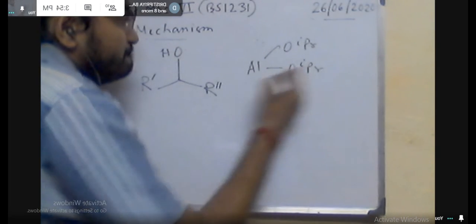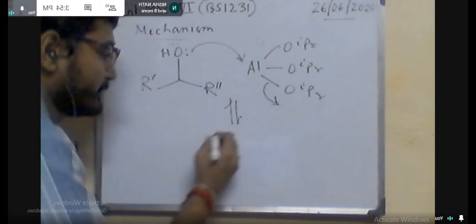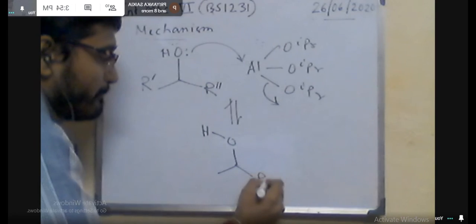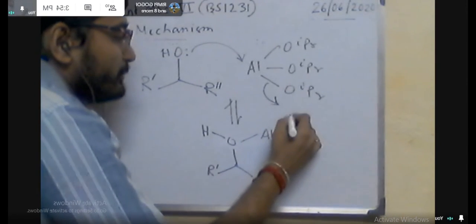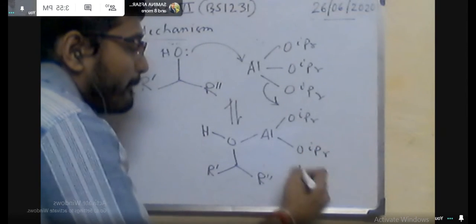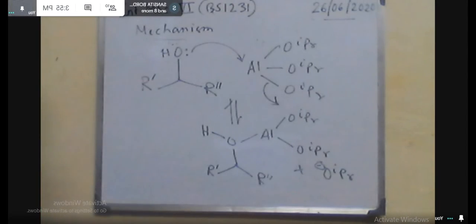So when we use the acetone here, you can see that this center is still electron deficient in nature. So it can act as a Lewis acid and this can act as a Lewis base. When this intermediate forms in your reaction mixture, the acetone is present, so they can form the Lewis acid base adduct.